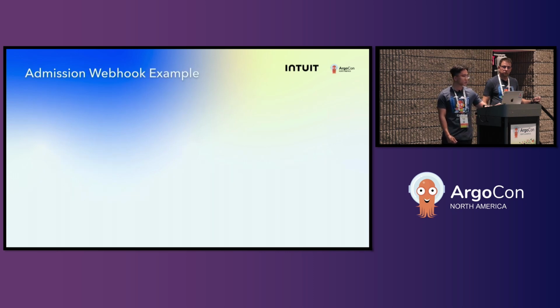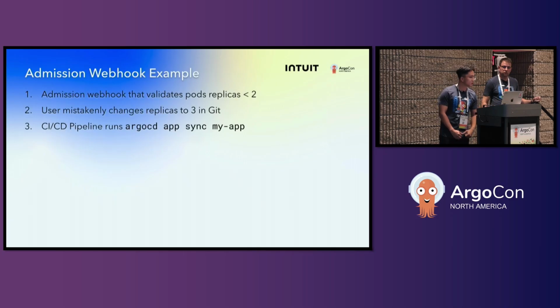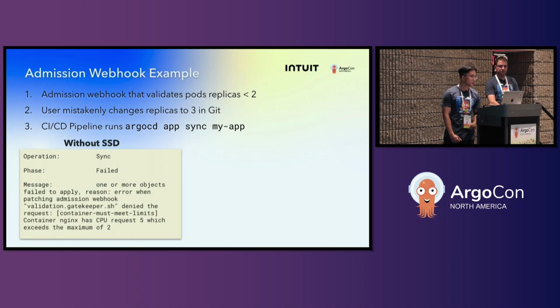So now I'll go ahead and show an example of the webhooks. So let's say we have that admission webhook, which validates our pod replicas must be under 2. Let's say we didn't know about that webhook and we mistakenly increased the replicas to 3. So now our CI/CD pipeline runs and the Argo CD apps sync, and we get an error.